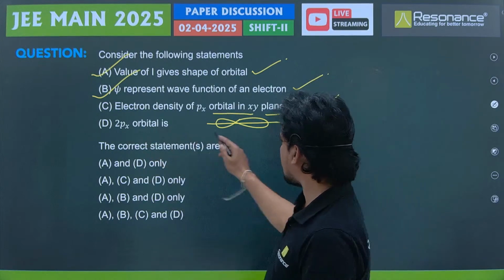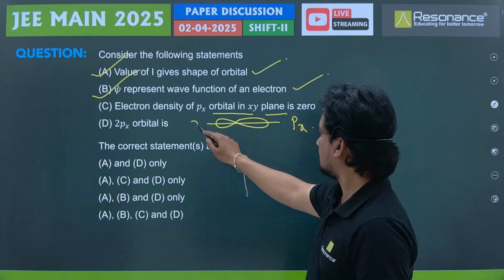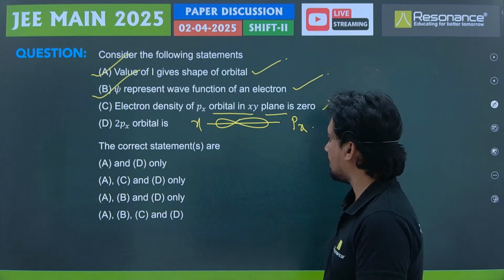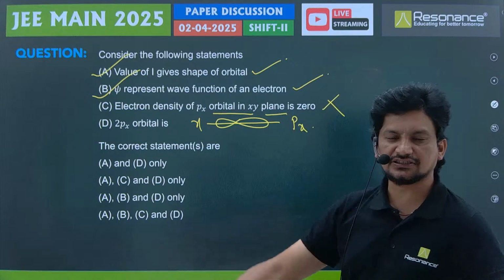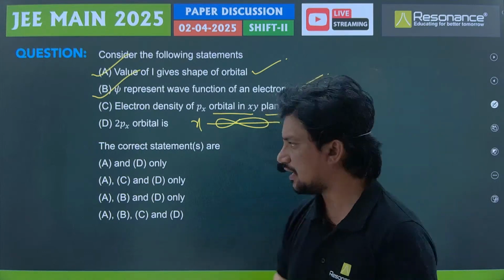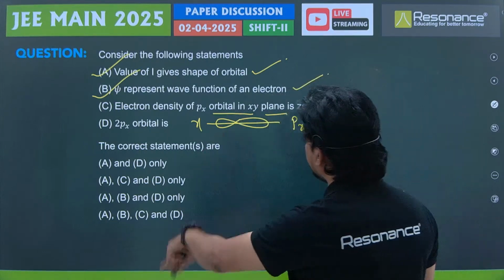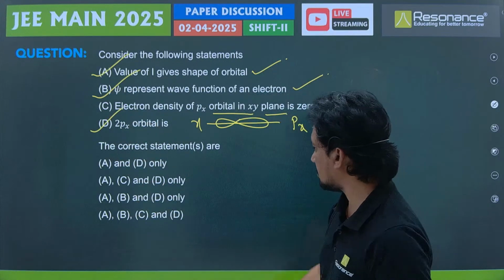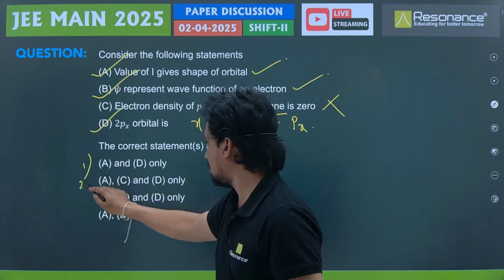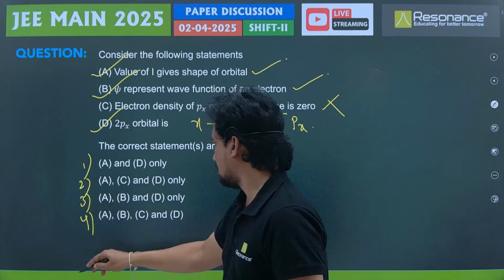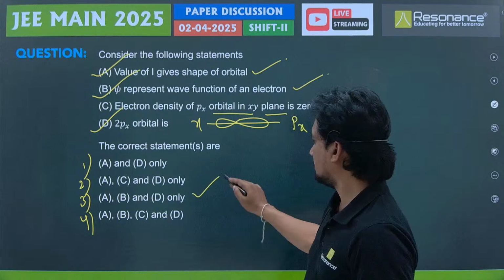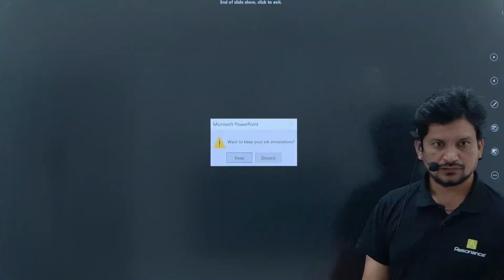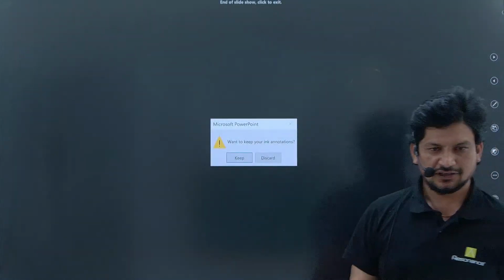And the 2px orbital is this one. The orientation of the p orbital along the x-axis is said to be the px orbital. Then A is right, B is right, C is wrong, D is also right. Then what is the answer? If you take 1, 2, 3, 4, the correct option is A, B, D, the third one. Okay.